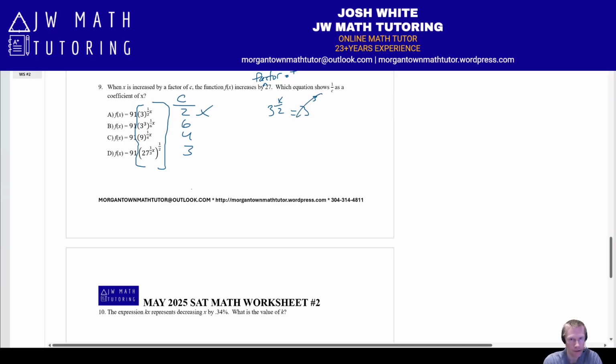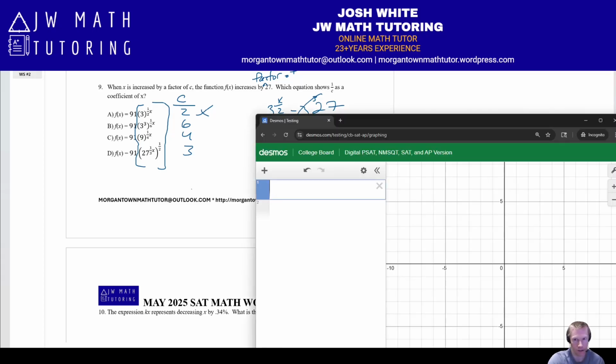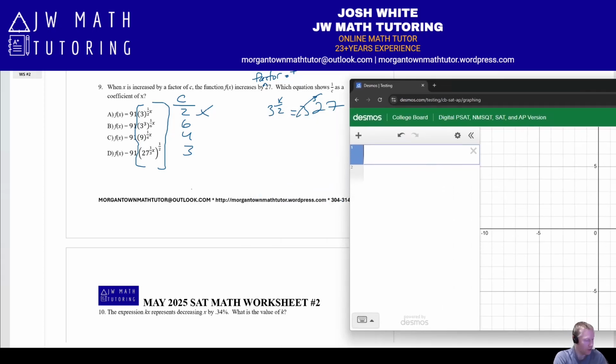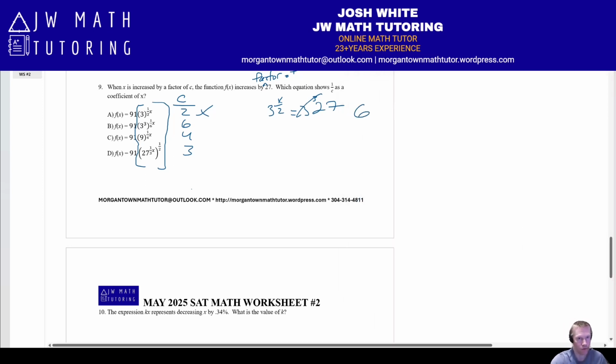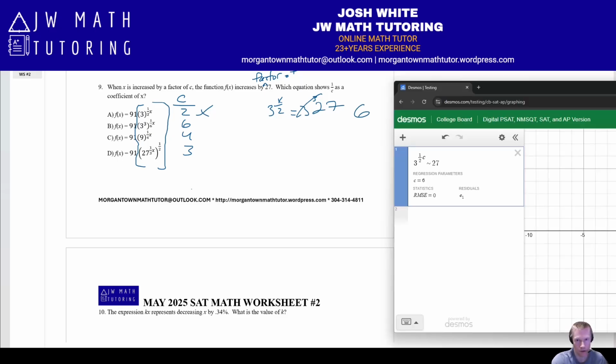Now, let me just actually change this to 27. You could do this really quickly and easily in Desmos just to find all these values. So for example, I have 3, and I'm just going to use c. 3 to the 1 half c, and we want this to be equal to 27. Okay, c equals 6. And then if we look at the next one, 3 to the third.